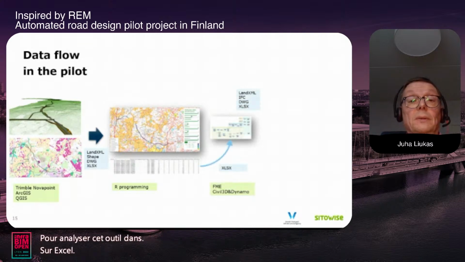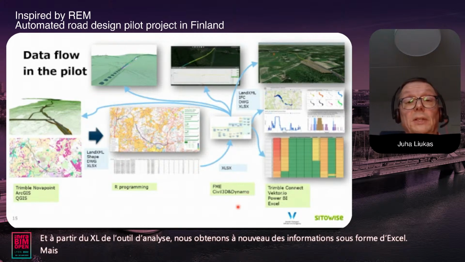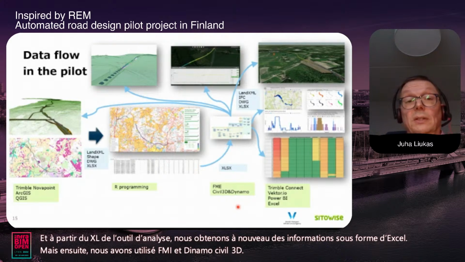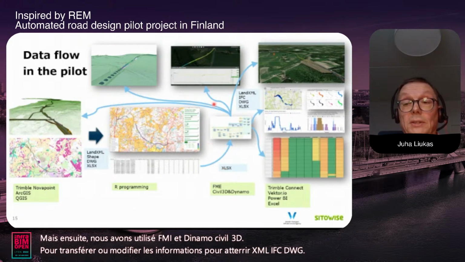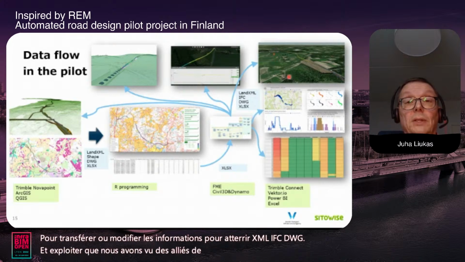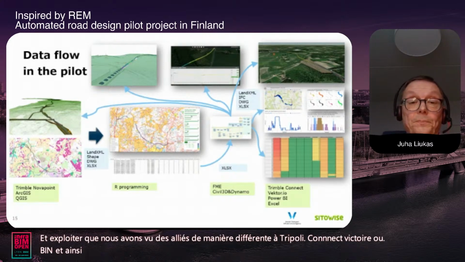And from the analysis tool we get information again as Excel, but then we used FME and Civil 3D Dynamo to transfer or change the information to LandXML, IFC, DWG, and exploit that, visualize it in a different way in Trimble Connect, Vectorworks, Power BI, and so on.